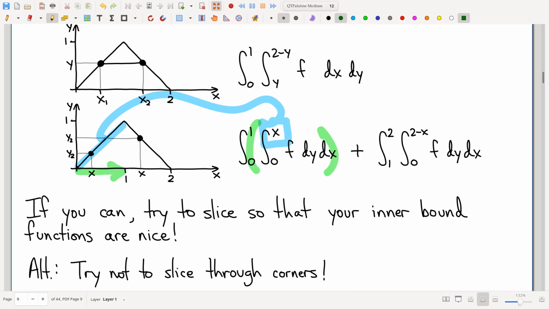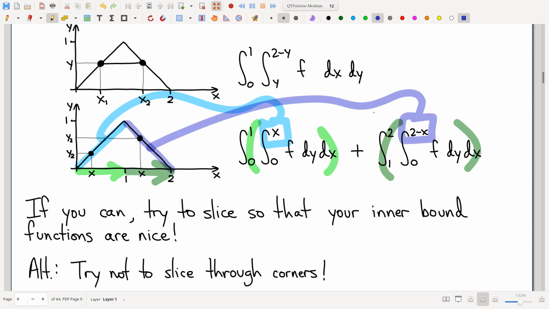And then subsequently, I can look at these values of x between 1 and 2. For those values of x, my upper bound for y is going to come off of that curve, which again also has a nice and convenient equation that you can write down and again solve for y, and you get that. Conveniently, the lower bound is 0 for all of these, no matter what x is. That's kind of nice. Okay, so that's how that slicing process worked.